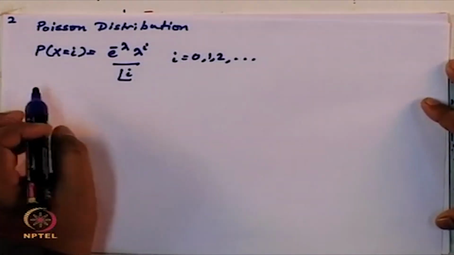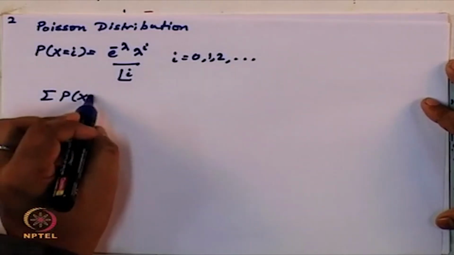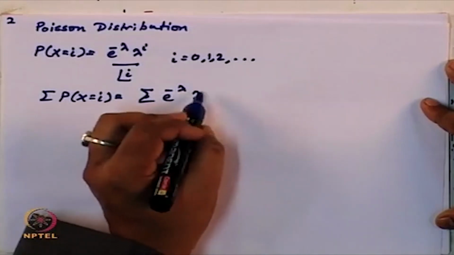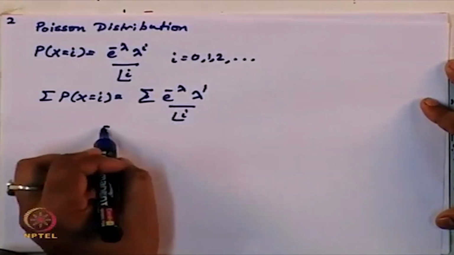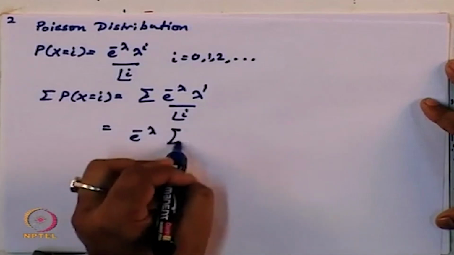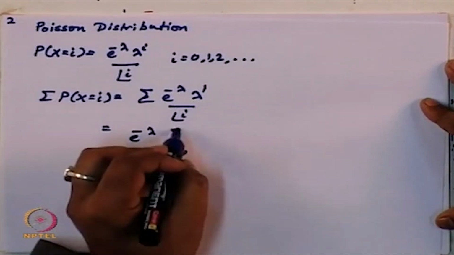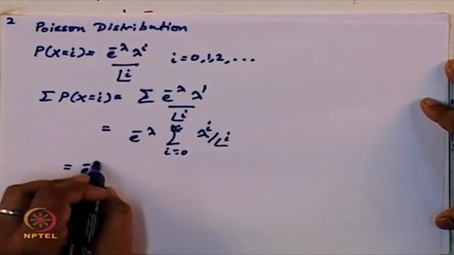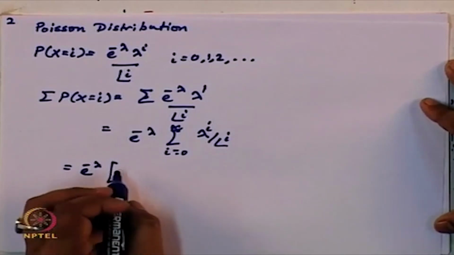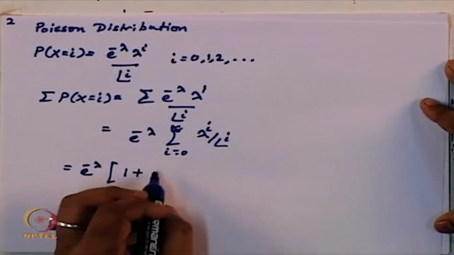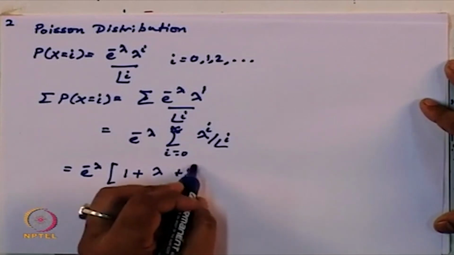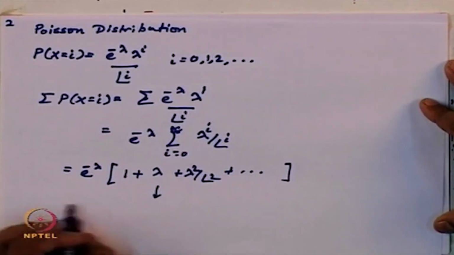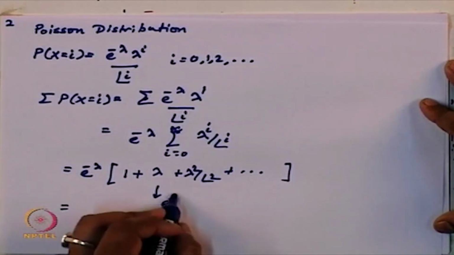So, let us first compute the summation of probability of x equal to i, which is e to the power minus lambda times the summation. You can take out e to the power minus lambda, and the remaining sum is nothing but e to the power lambda.